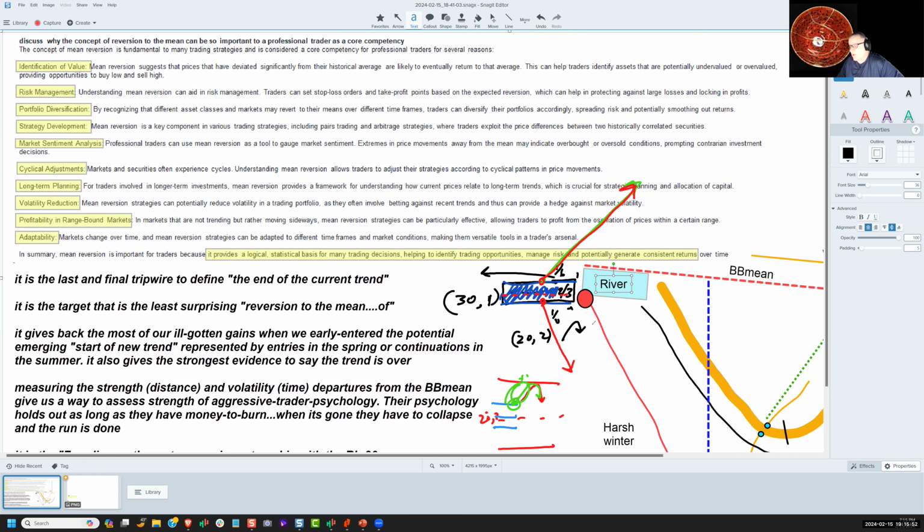So he's not trying to play the breakout from normal. He's trying to treat the plus or minus 2 as normal, and the reversion to the mean trade is the one that he wants.